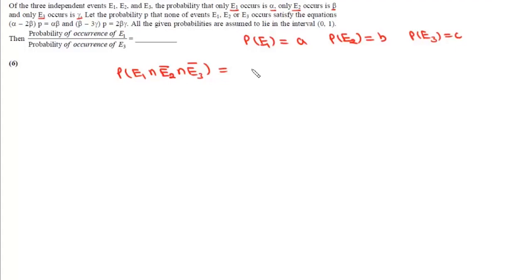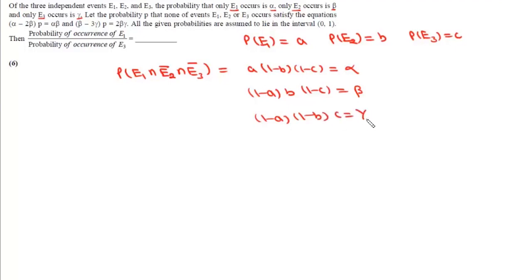So this probability will be A into 1 minus B into 1 minus C, and it is equal to alpha. In the same way we can write 1 minus A into B into 1 minus C will be this beta, and then 1 minus A, 1 minus B into C, and this is gamma.